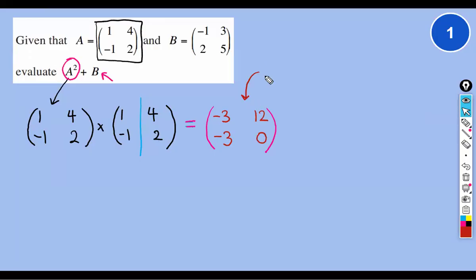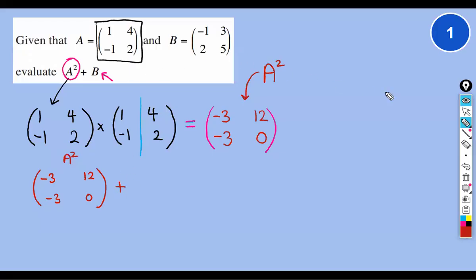But let me let you know, this part is the A squared part. What we have to do now is take the A squared part and add it to the B. So you have minus 3, 12, minus 3, 0. That's the A squared part.